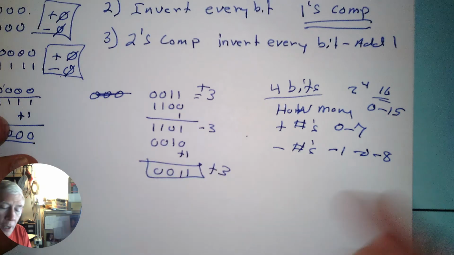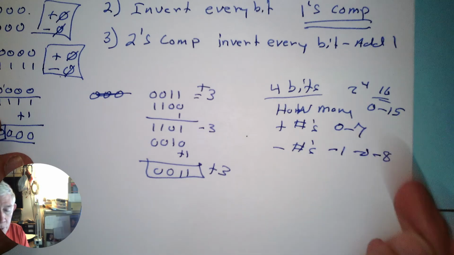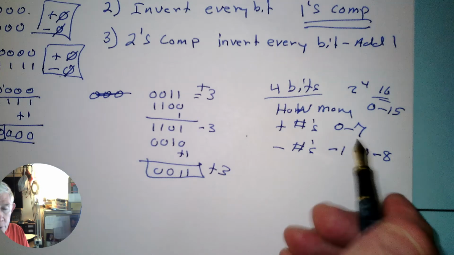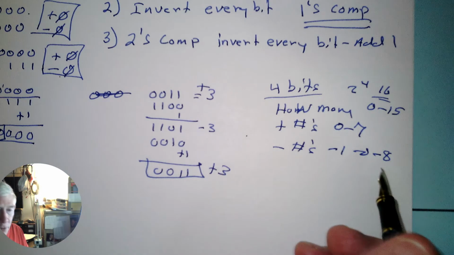So we have one more negative number than we have positive numbers, except we have 8 of each. We have 0, 1, 2, 3, 4, 5, 6, 7, that's 8. And we have -1, -2, -3, all the way to -8, that's 8.